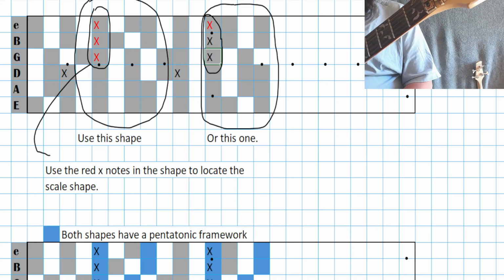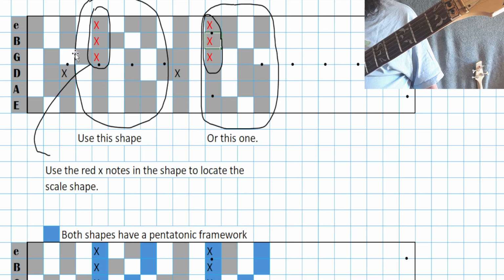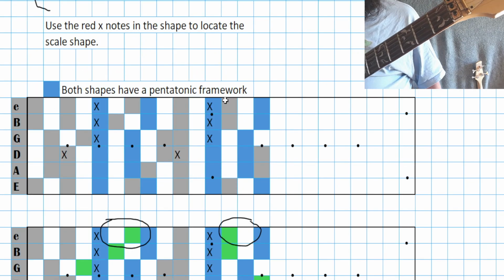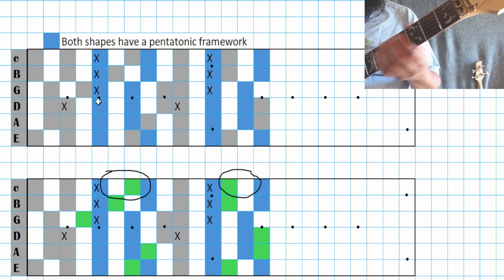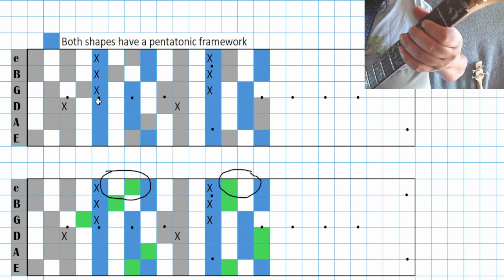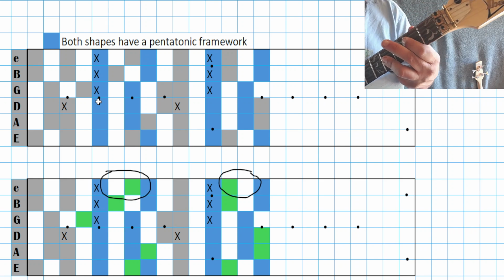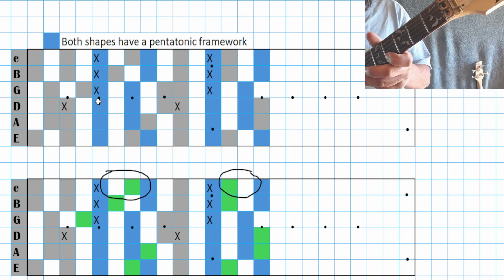Here I didn't make my X's red. All right, so in this regard, we can see it better like this. Both shapes have a pentatonic framework. So here I am, once again, nothing changed. It's key C. All the boxes are the same, but now there's some blue ones to show you that. Whenever I need a scale, you can see it's the same on both of them. As soon as I need a scale, it's going to be here.